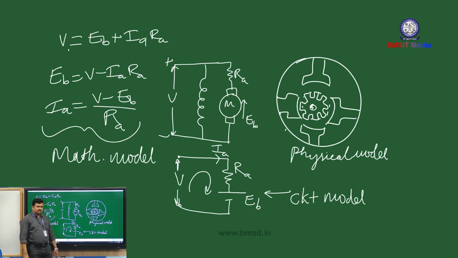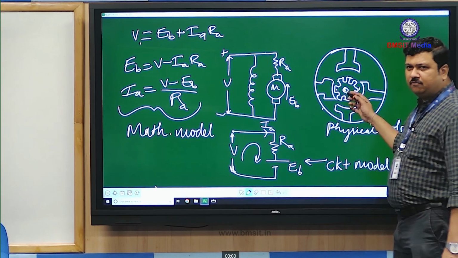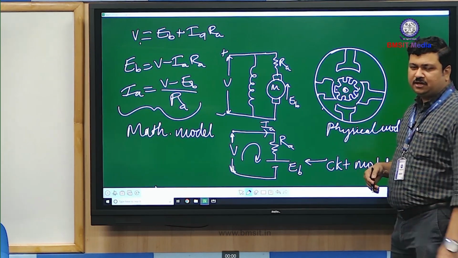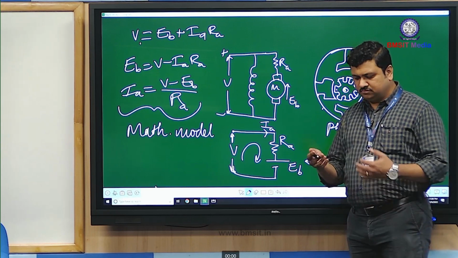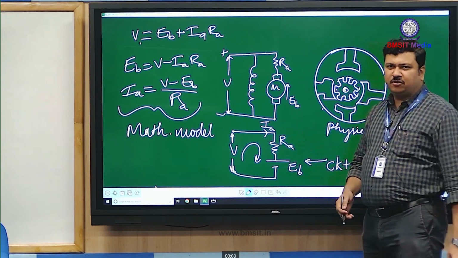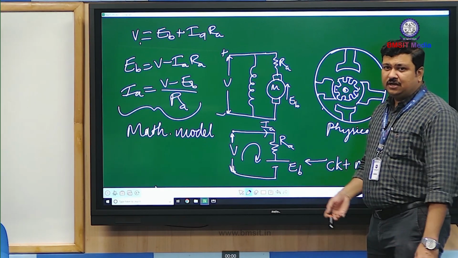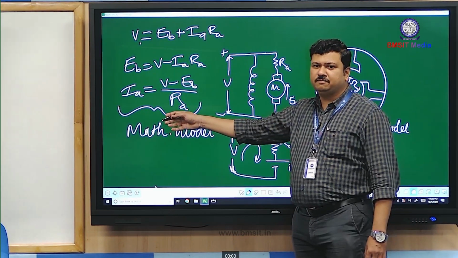So any system can be expressed or represented in the form of a physical model. Because I am an electrical person dealing with electrical concepts of the system, I go for the electrical circuit model. In general, if I want to tell anybody, I use the mathematical model.